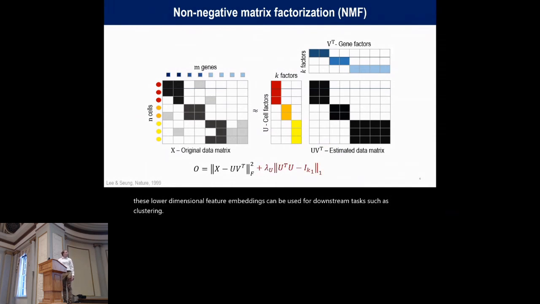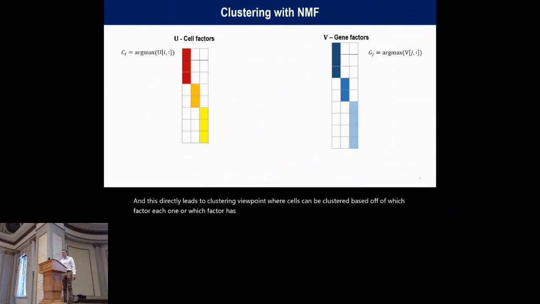Here, in our formulation, we include a regularization parameter, which encourages the different components of the U matrix to be orthogonal. This directly leads to a clustering viewpoint where cells can be clustered based off of which factor has the highest contribution. That's exactly what we do: we take our cell factor and our gene factor matrices and cluster them based off of the argmax of each row.